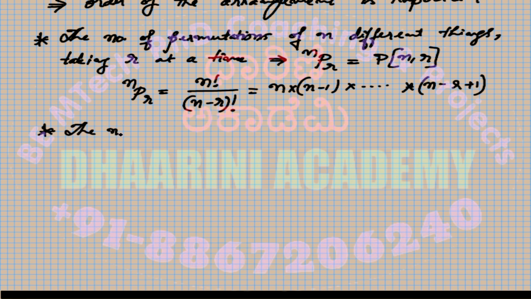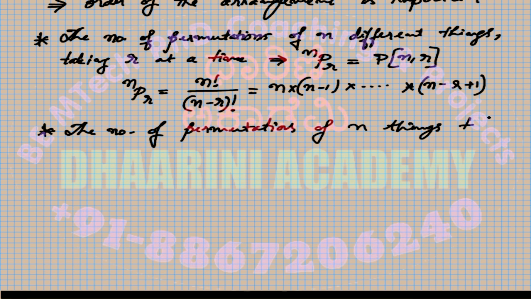The number of permutations of n different things taken all at a time.